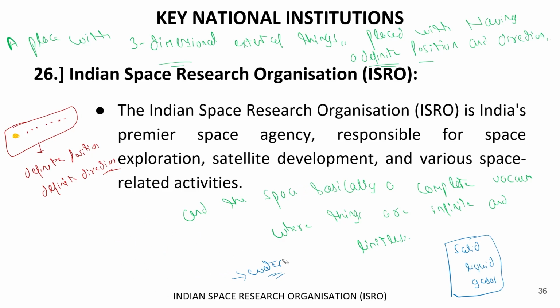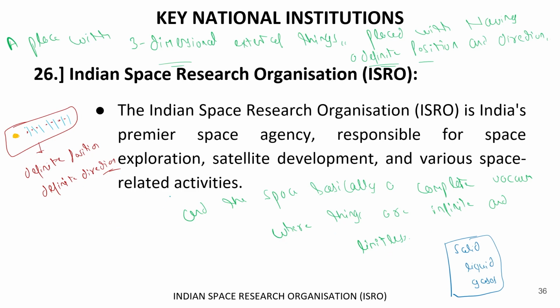Basically, when we talk about space, we are not talking about the components it has. Suppose these planets are solid and have gas and liquids on them, but in their midway, where the space lies, there is nothing like solid, liquid and gases; it is a complete vacuum, and things in space are infinite and limitless.